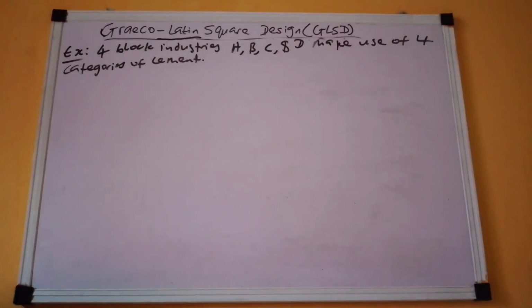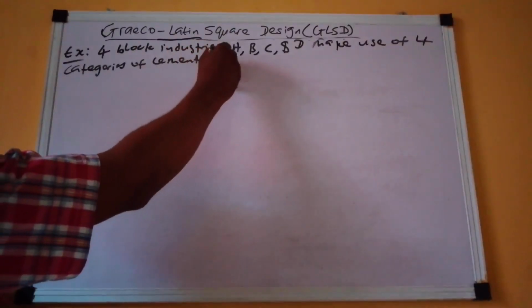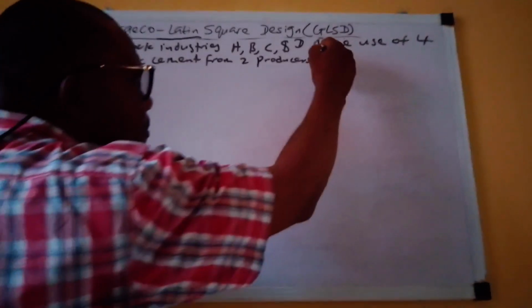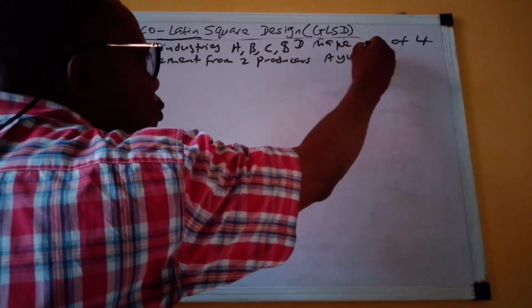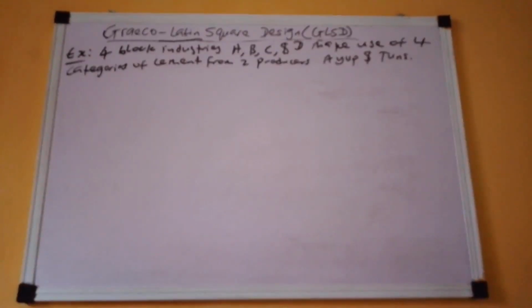They make use of 4 categories of cement from 2 producers, Ayub and Tunes. Ayub and Tunes are the 2 producers of the 4 categories of cement.